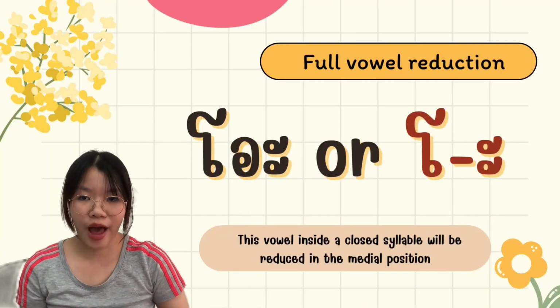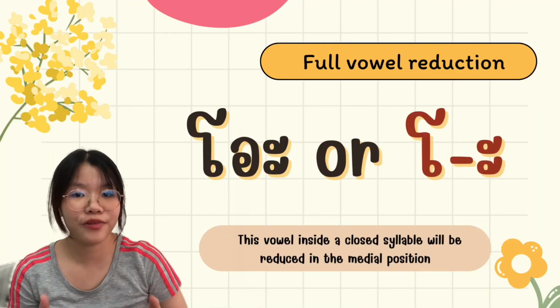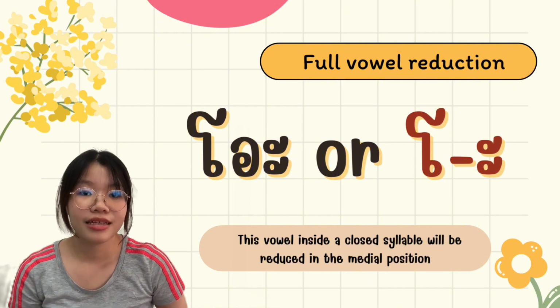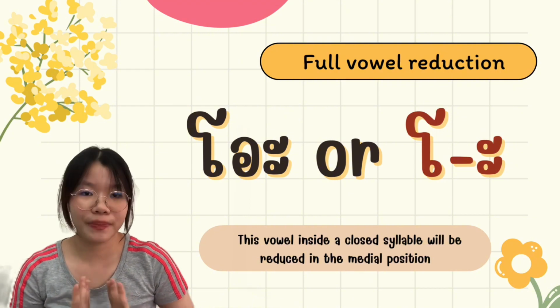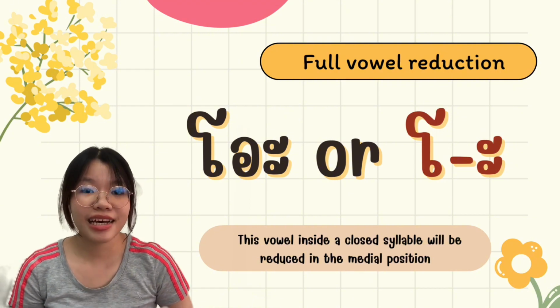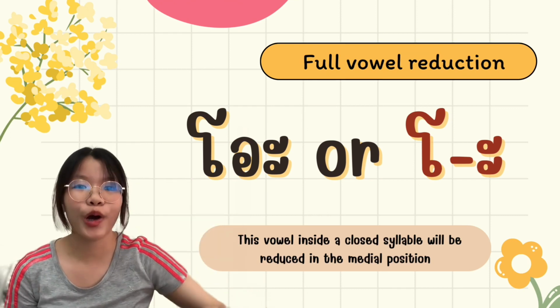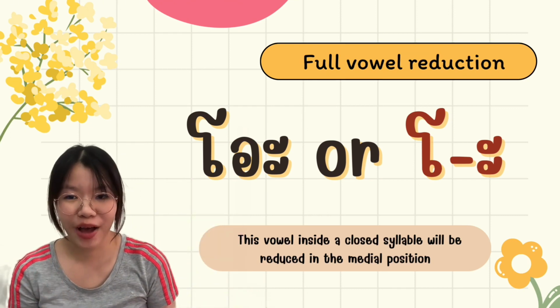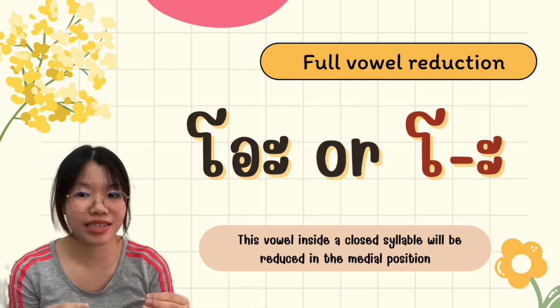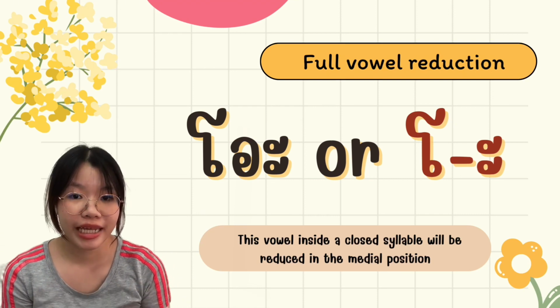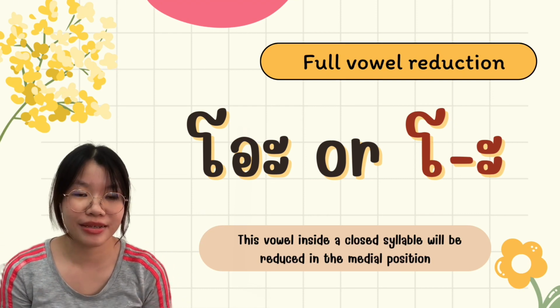The first vowel in the full vowel reduction group is Sara O. Repeat after me. Sara O. Alright, this vowel inside a closed syllable will be reduced in the medial position.